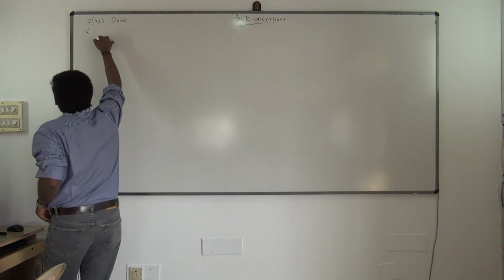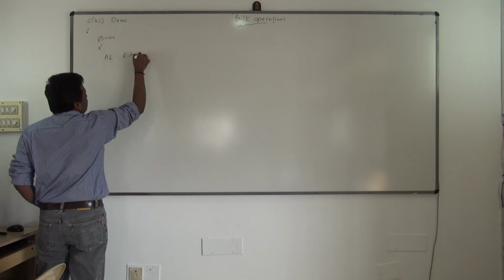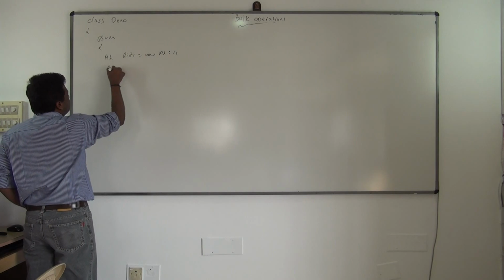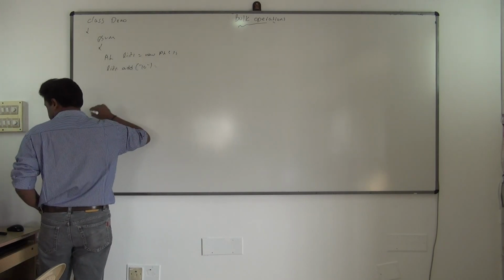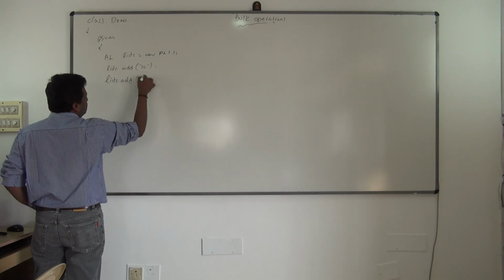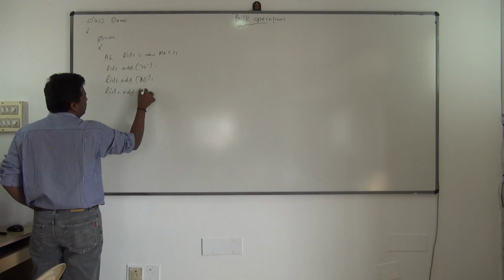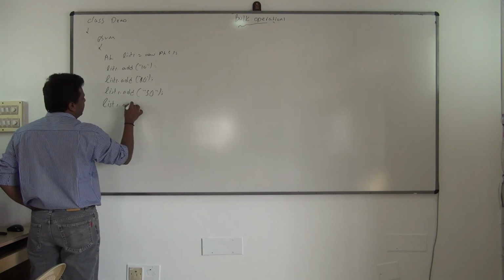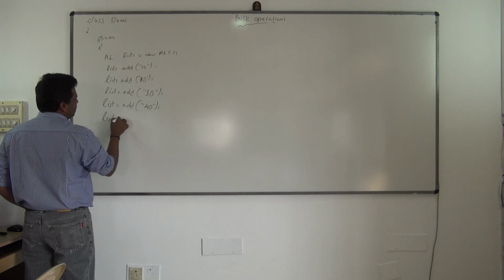So see, ArrayList list1 is equal to new ArrayList. list1.add, I'll add some values, 10. Then list1.add 20, list1.add 30, list1.add 40, list1.add 50.